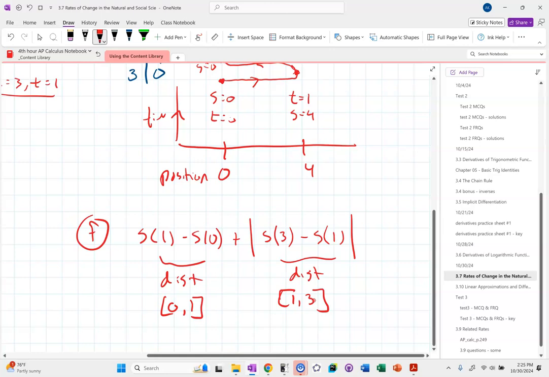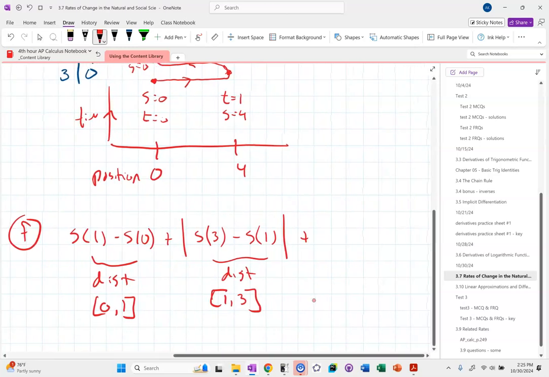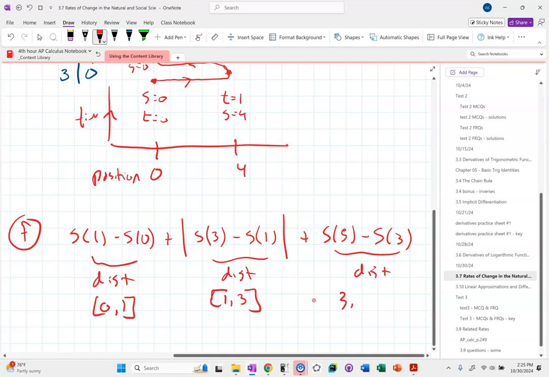So I can do that, right? Everybody's okay there? And then we're back forward again, so I can just do that, right? And I guess really I could do all of these absolute valued. That's fine. It doesn't really matter.